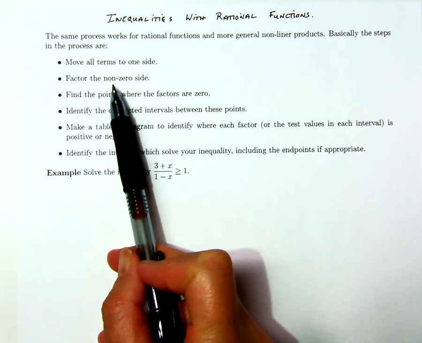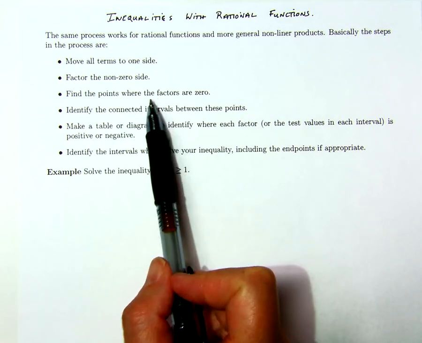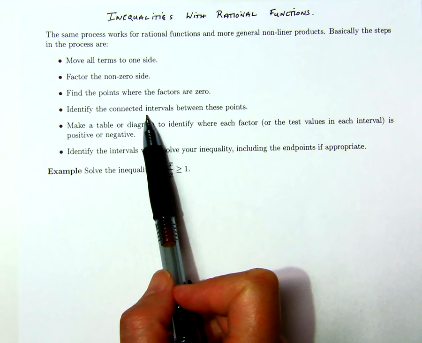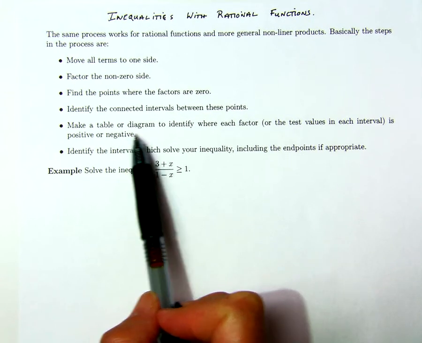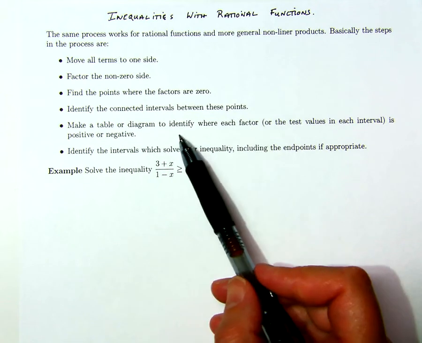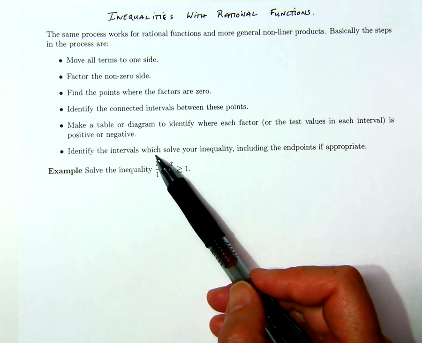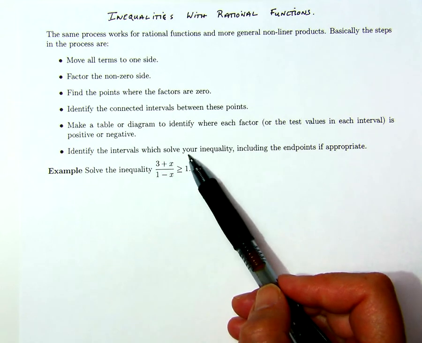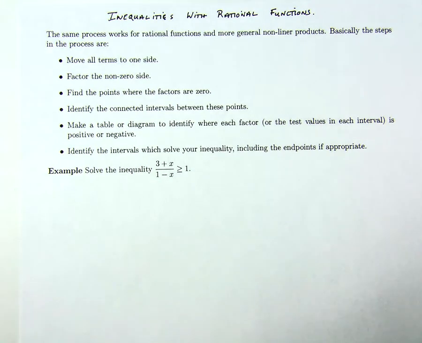We try to factor the non-zero side, find the points where the factors are zero, identify the connected intervals between these points, and then make a table or diagram to identify where each factor is positive or negative, and then put the picture together to figure out which intervals solve the inequality, or on which intervals the product of the factors is positive or negative.